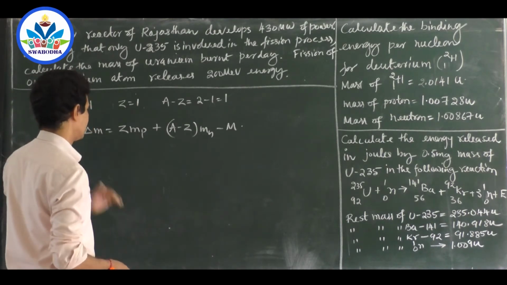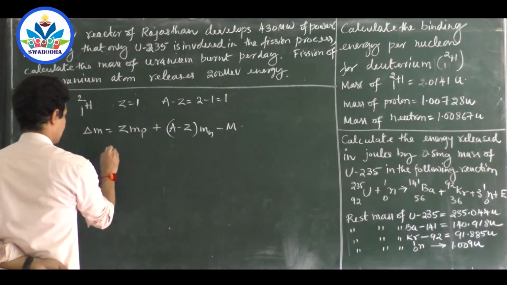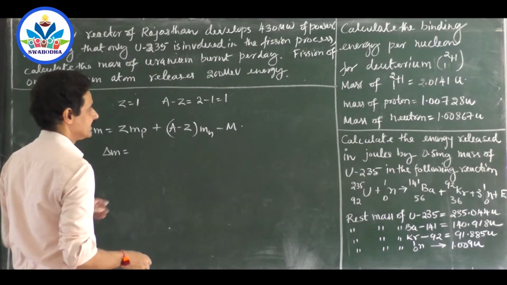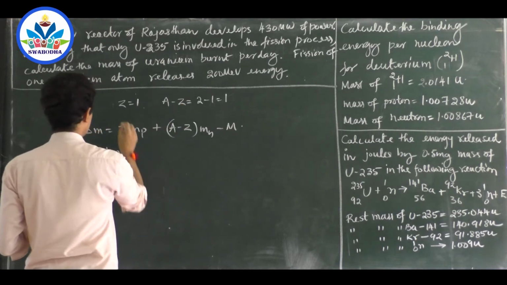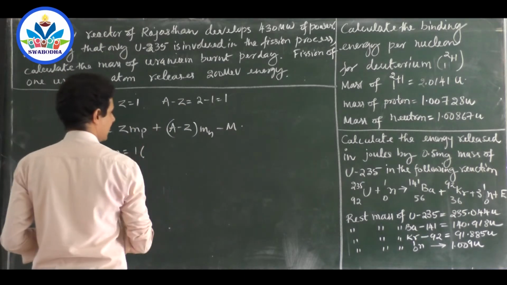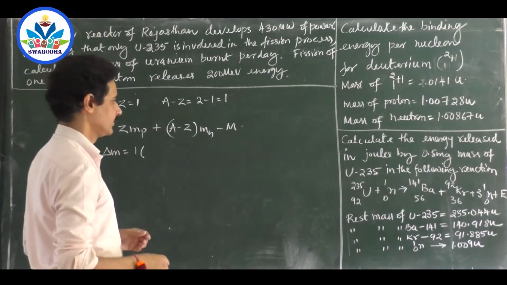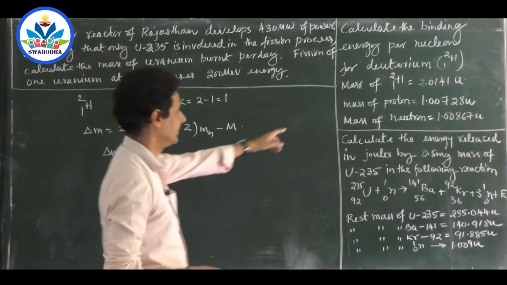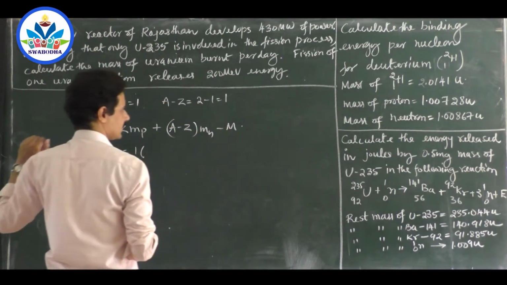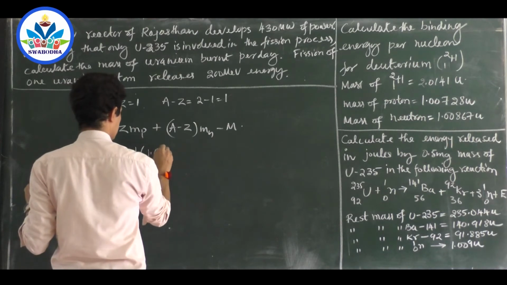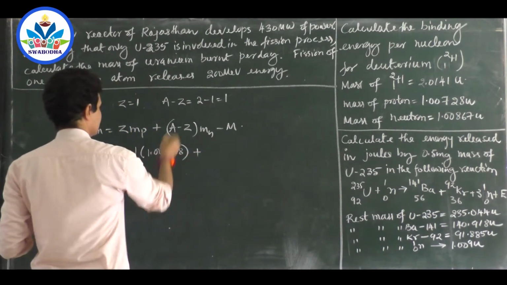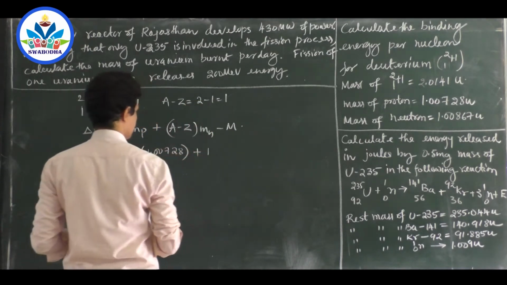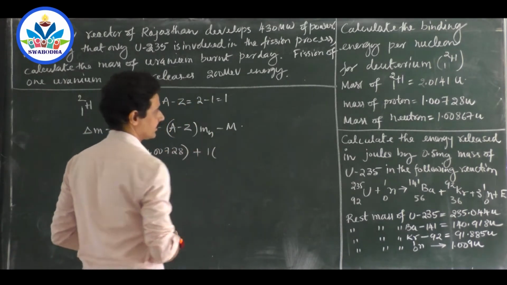Okay, so mass defect delta M. First of all, we will calculate mass defect is equal to Z into mass of each proton. What is the Z? Atomic number 1 into mass of each proton. What is the mass of each proton? We will take it from here. Mass of proton is 1.00728, plus A minus Z, that is already calculated, into mass of each neutron. What is the mass of neutron?